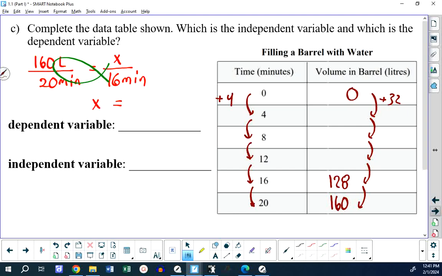So I take 128, and you'll do this on your calculator, and subtract 32, and I think you're going to get 96. But you can let me know if my mental math is right. And then you're going to subtract 32 again, and you're going to get 64. You're going to subtract 32 again and get 32.